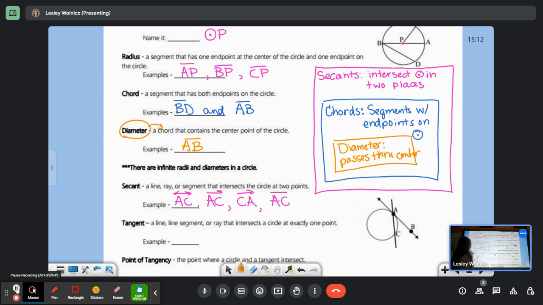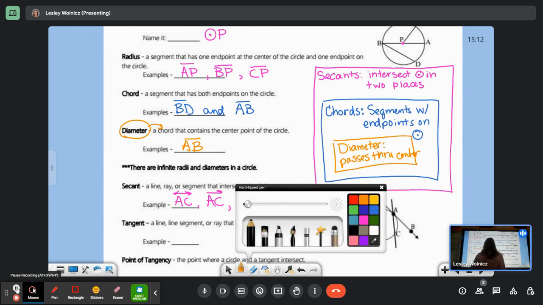So every diameter is a chord and a secant. Every chord is a secant. Are we clear how these fit together like little nesting dolls? Okay, perfect. Now we're going to talk about tangents.